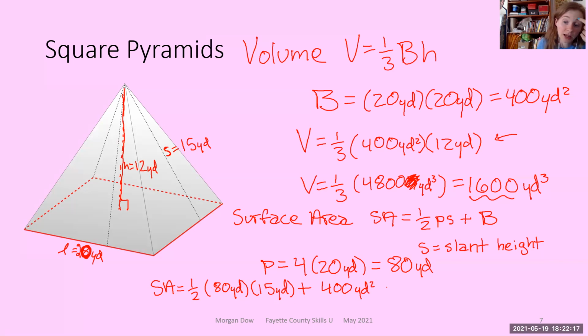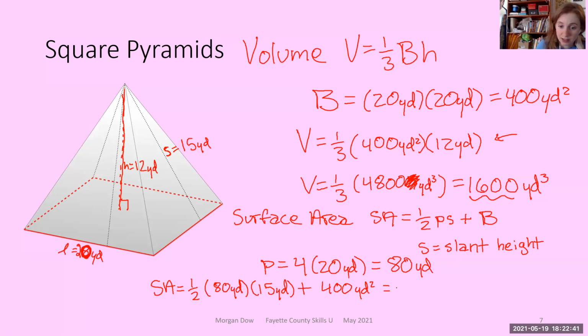Okay, so I'm going to go ahead and do my multiplication. We have half of 80 times 15. It's going to be convenient for me to take half of 80. Half of 80 is 40. And then I would do 40 times 15. So 40 times 15 gives me 600.